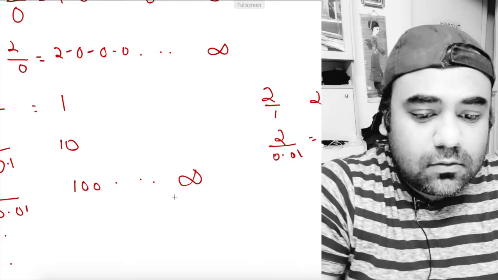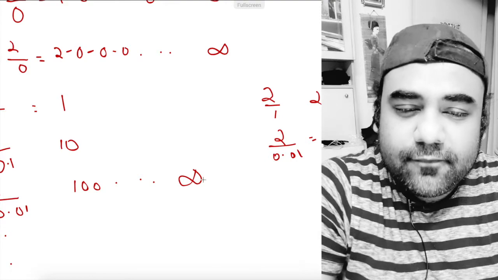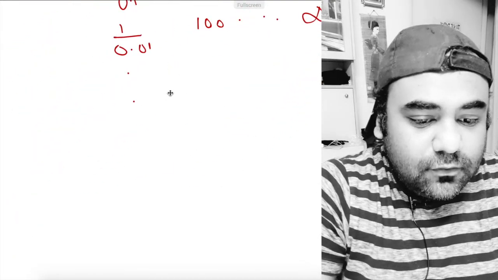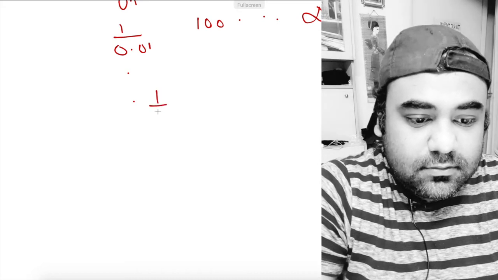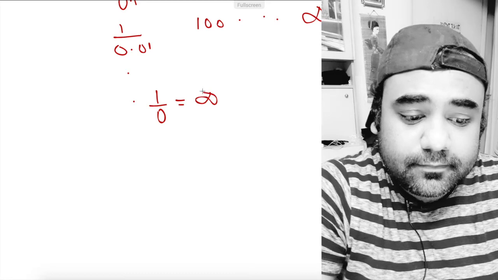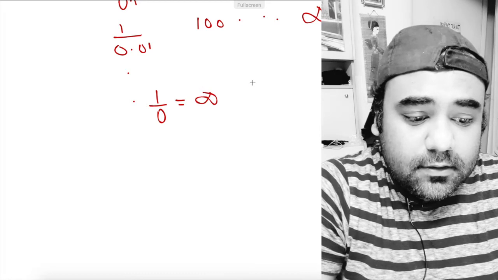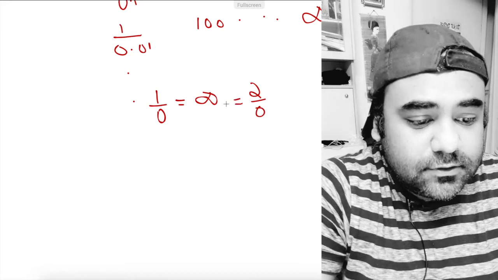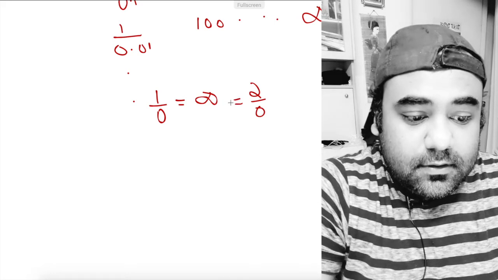So now, by the basic fundamental law of equation, if you try to equate these two things, so 1 divided by 0, we have got infinity, right? And the same thing is 2 divided by 0, which is also infinity, right?